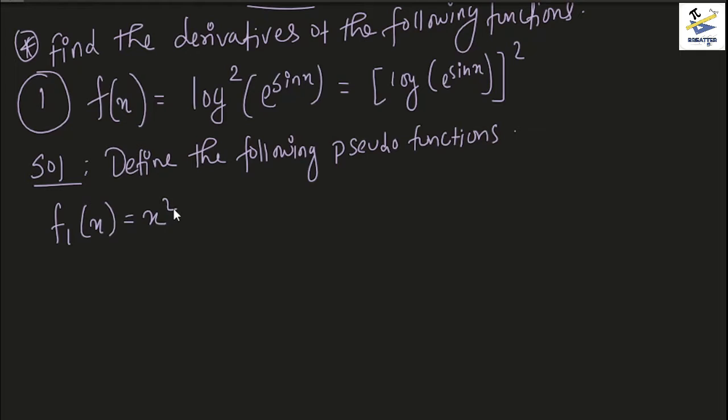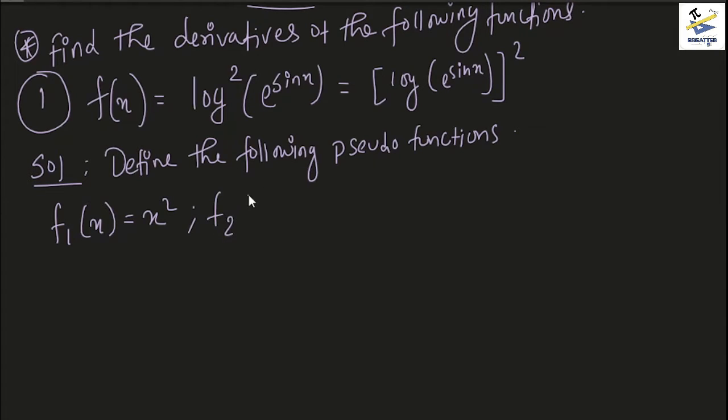We define this x square function because obviously the first thing that we see here is something squared, right? We just don't know in which order it will come, but we can figure that out later.